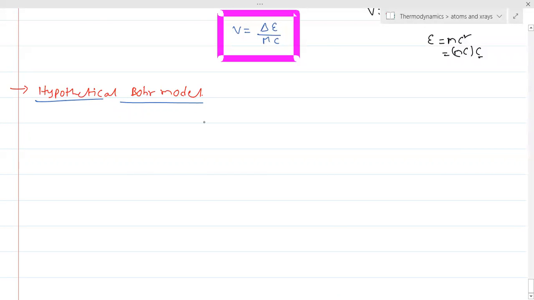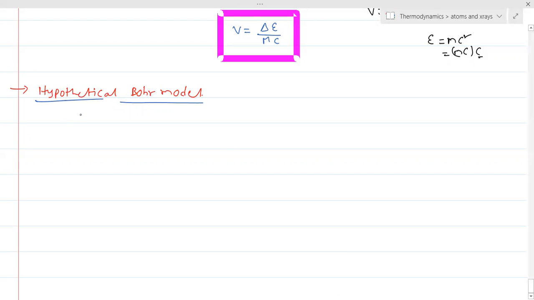generally up to now we are taking that because of electrostatic attraction, the electrons revolve about the nucleus. Already we studied that the potential energy U is proportional to 1 by r.